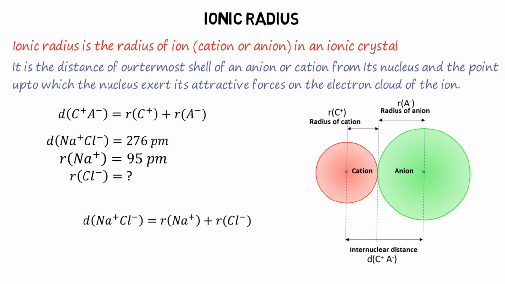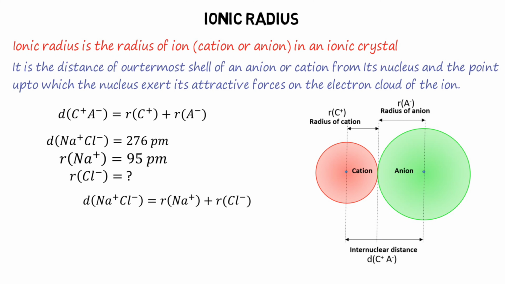It will take the form dNaCl is equal to rNa plus rCl. By placing values and calculating for the ionic radius of chloride ion, we obtain the radius of chloride anion is equal to 181 picometer.